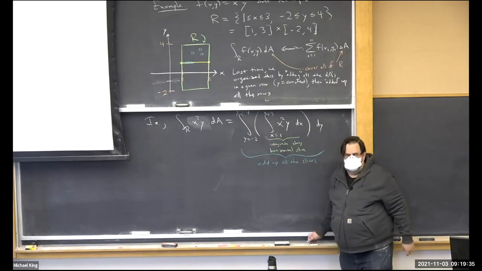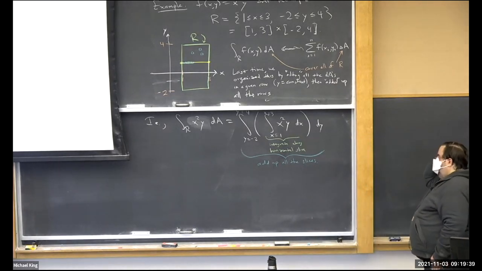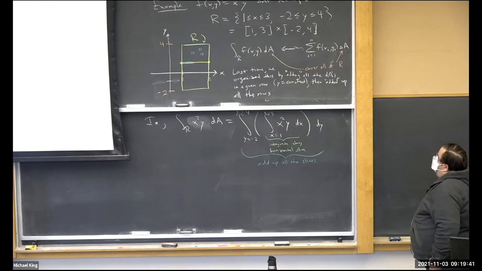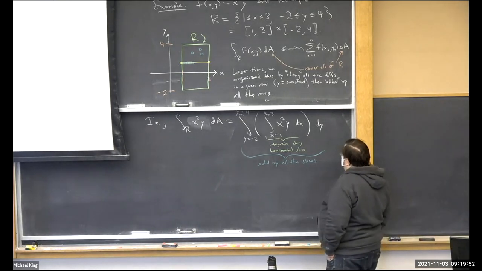Does that make sense to everyone? It's kind of what we did last time. That was supposed to be the straight import of this, is that we're trying to sort of add up all the values of the function over the whole region. And so we have to cover the entire region. This is how I conceptualize the double integral.